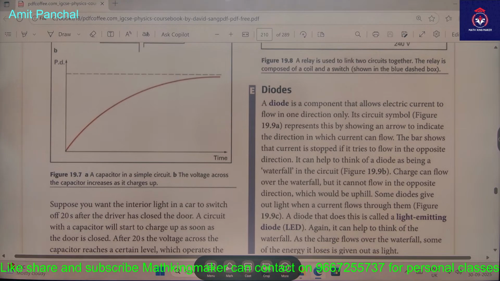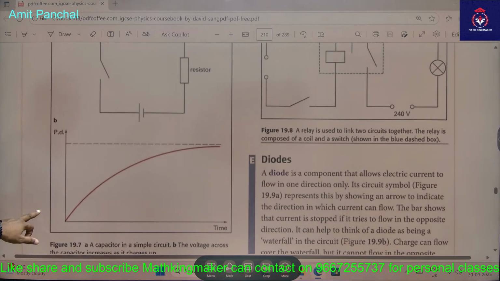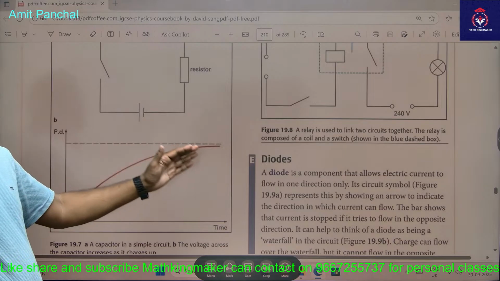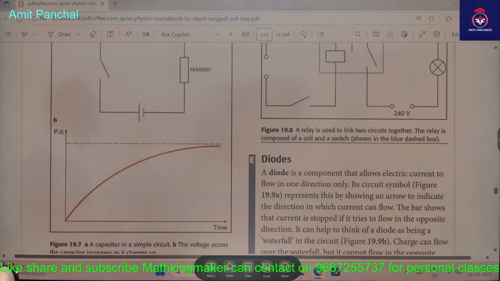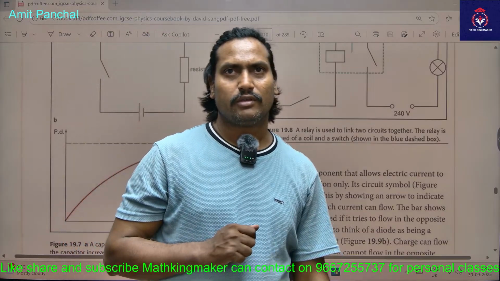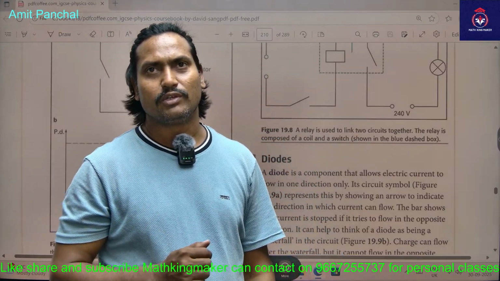In a simple circuit with a capacitor, the voltage across the capacitor increases as it charges up. So if we talk about a capacitor, as it charges up, its voltage is increased. Like we use capacitors in a fan.